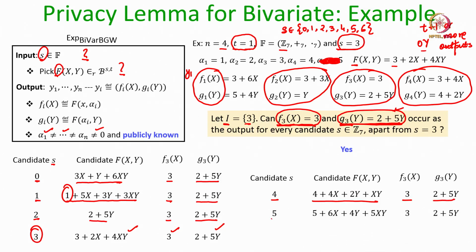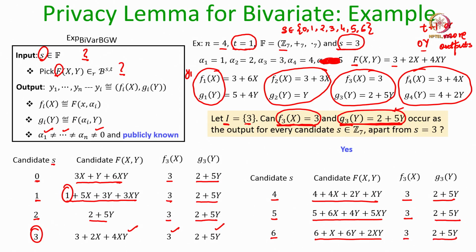Or it could be the case that my input was 5, I have run the experiment by choosing this bivariate polynomial, and you would have seen the third row and the third column polynomials to be 3 and 2 plus 5y respectively. Or it could be the case that my input was 6, I have chosen this bivariate polynomial, and in that case the third row and the third column polynomials would have been this.